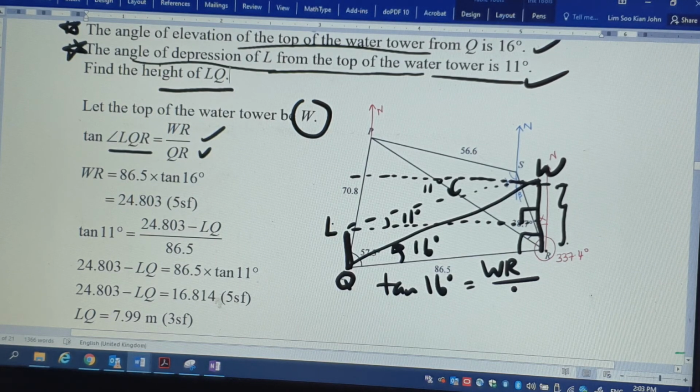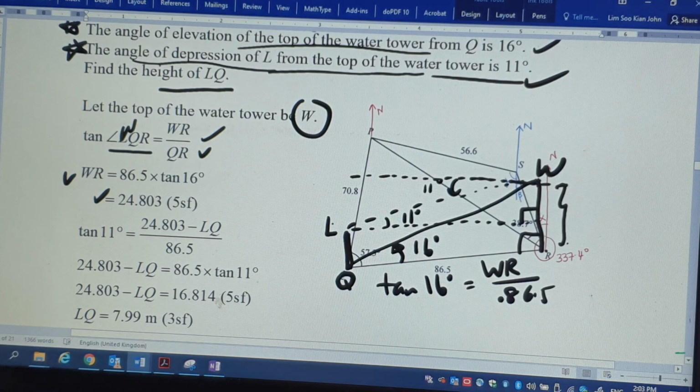Okay, so this is your 86.5. Don't you agree from here you can find your WR? Actually it's WQR.